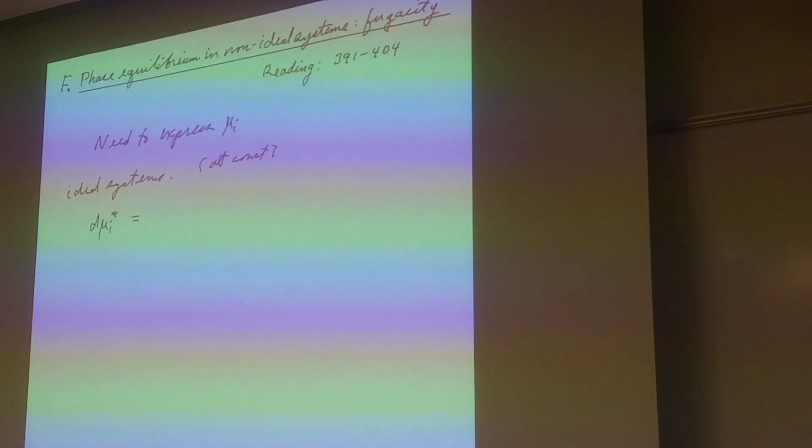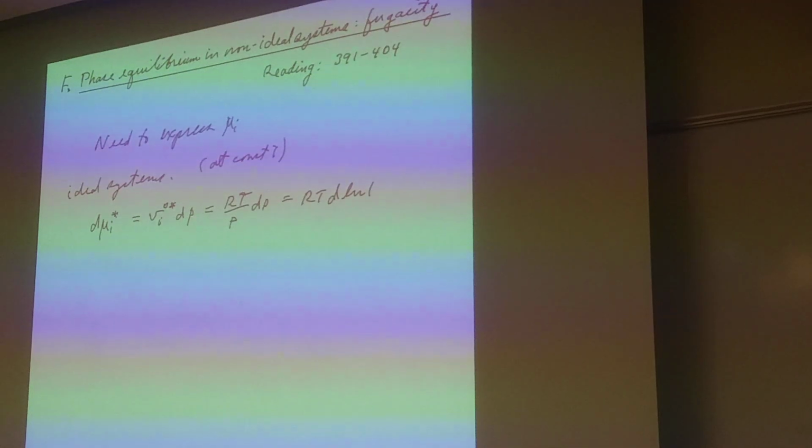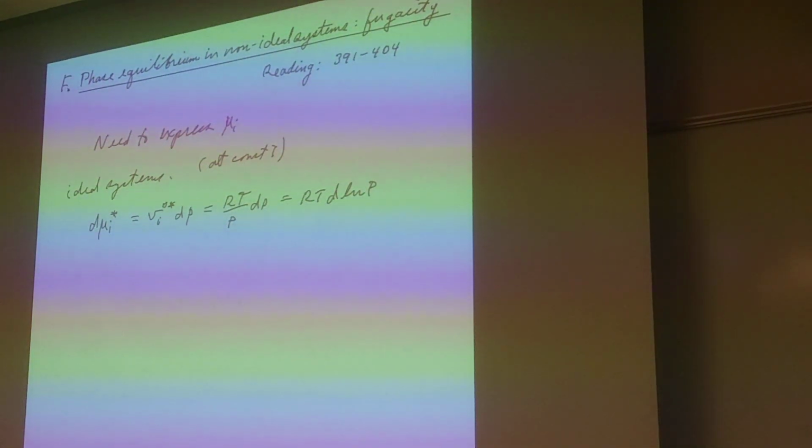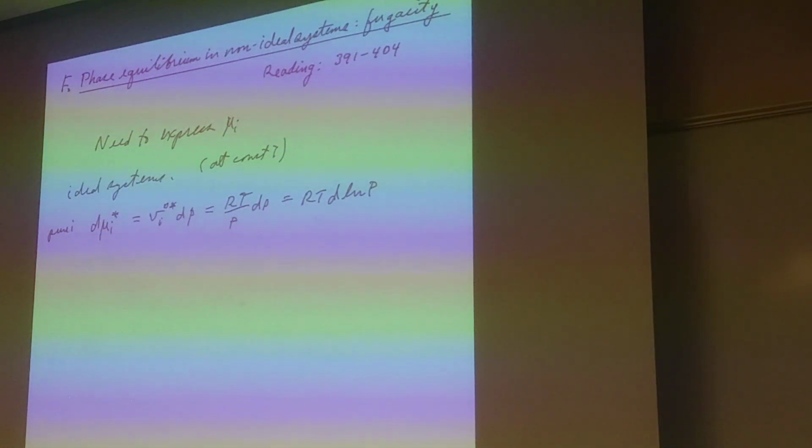This was just mentioned. Then d mu_i is equal to this, or RT over P dP, or RT d log P. We've seen that before. This is for pure i.